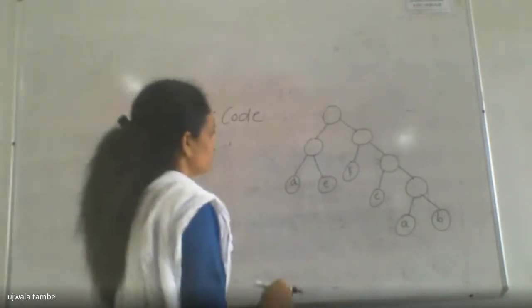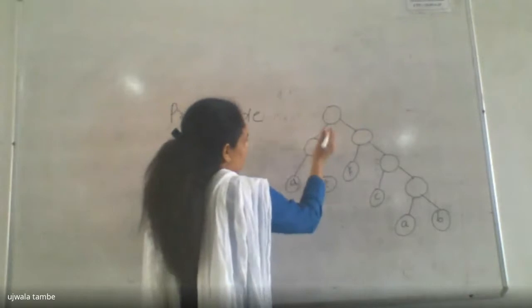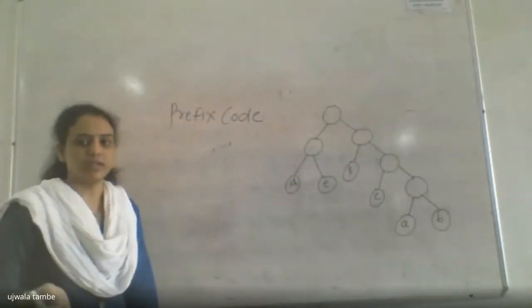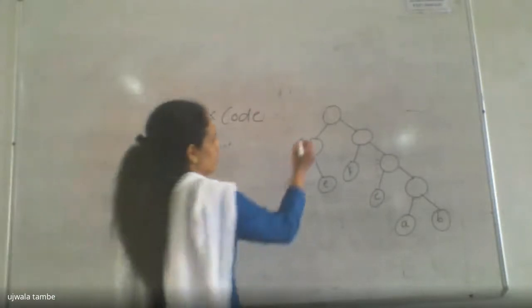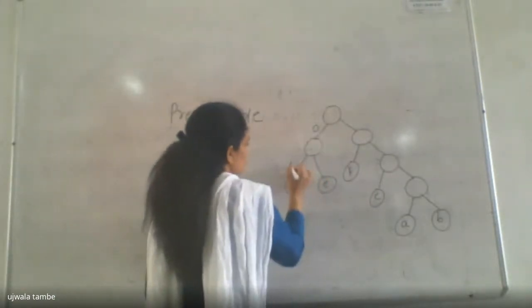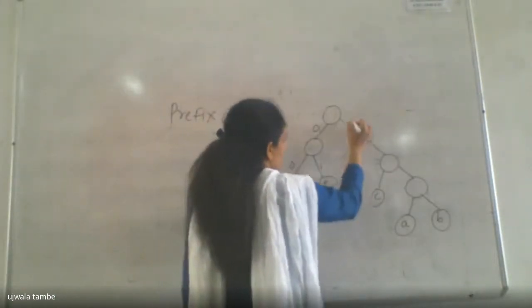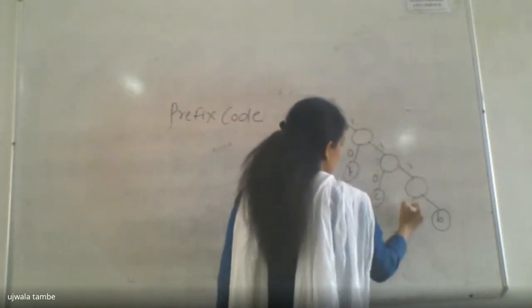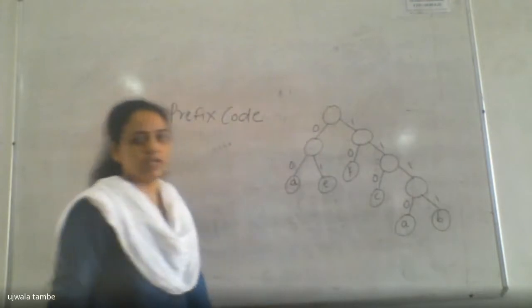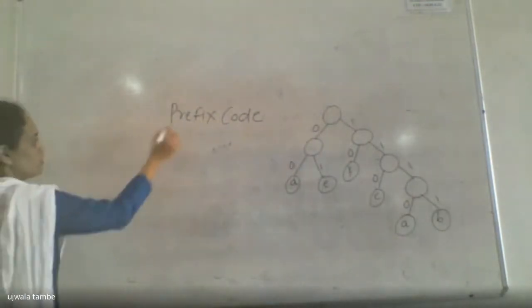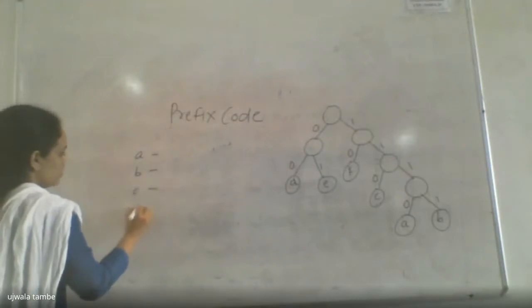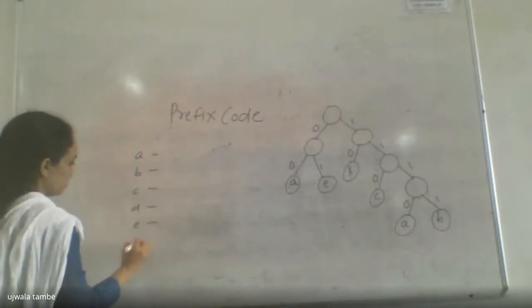As we know, the left branches contain the value 0 and the right branches contain the value 1. So we can directly write down here 0, 0, 1, 1 0 1 0 1 0 1. Now we have to form the prefix code for A, B, C, D, E and F. How to form the prefix code?